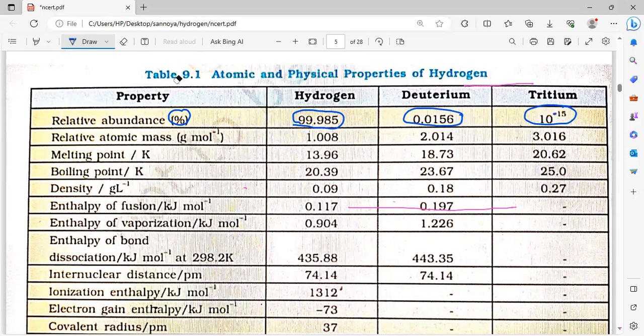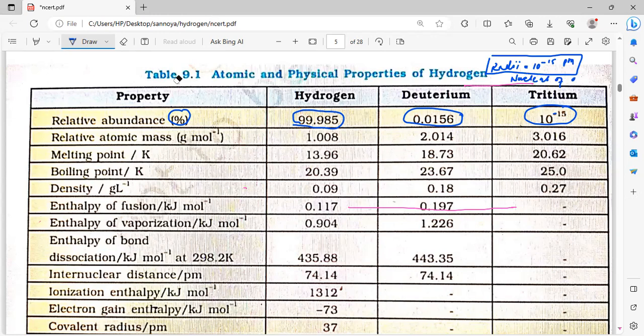10 power minus 15 is the radii of what, Sanoy? Radii of what? That is 10 power minus 15 picometer. Which size is there? Any idea? Sir, that electron orbital.